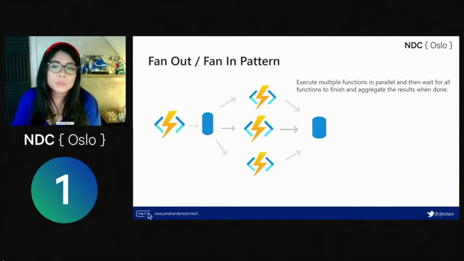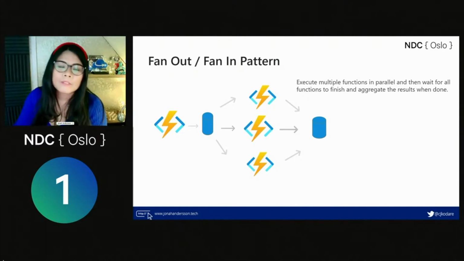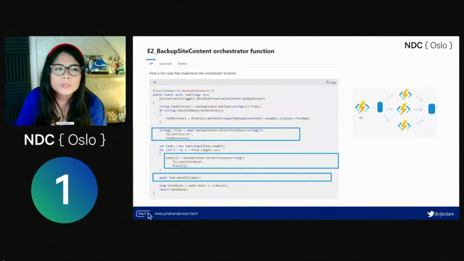This is useful if you have tasks that you want to run in parallel. And this is not easy to do. It's not easy to keep the state in normal functions without using Durable. So this is how it looks in code.